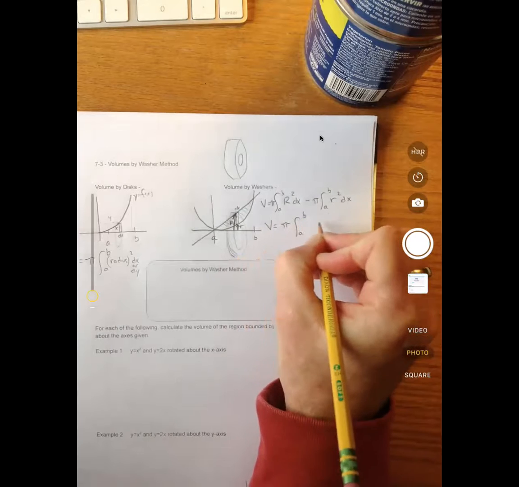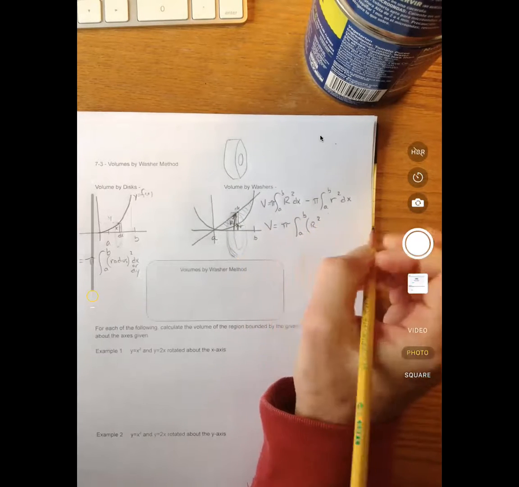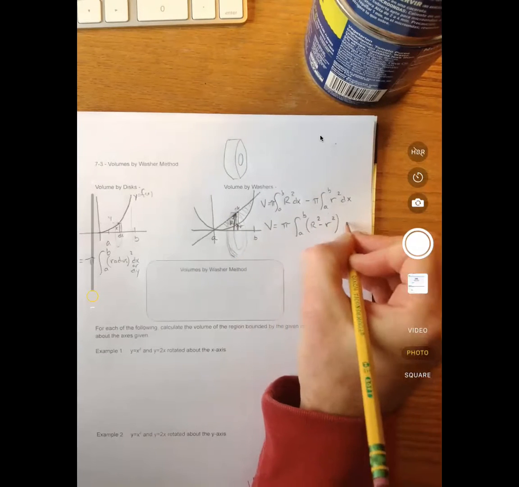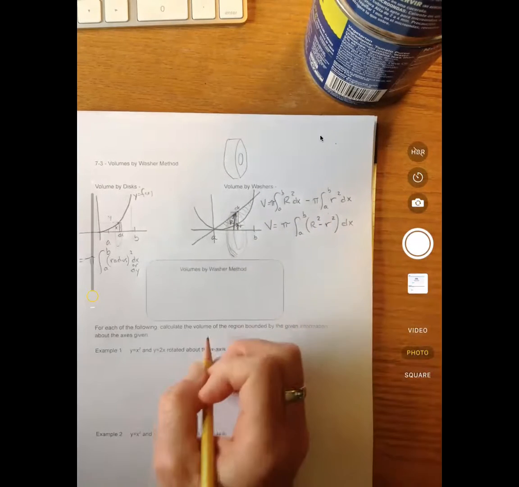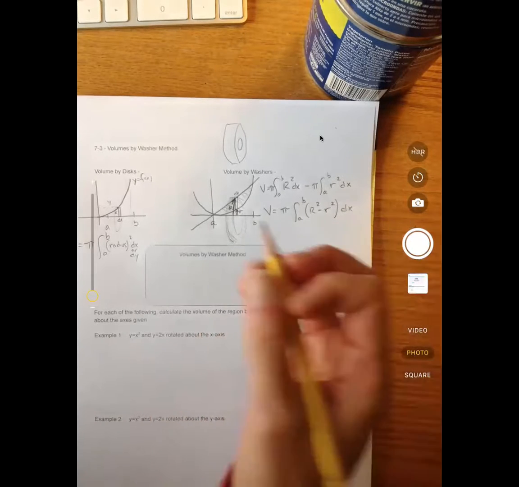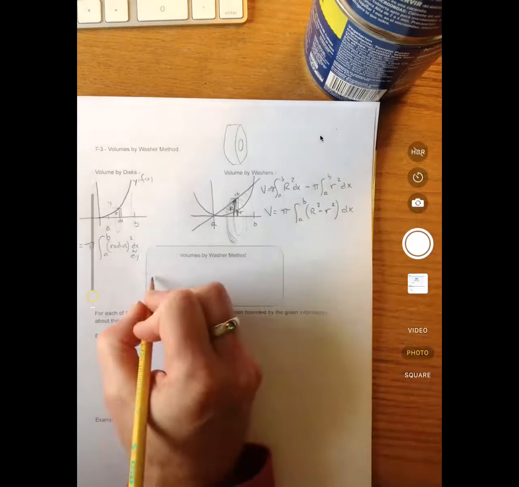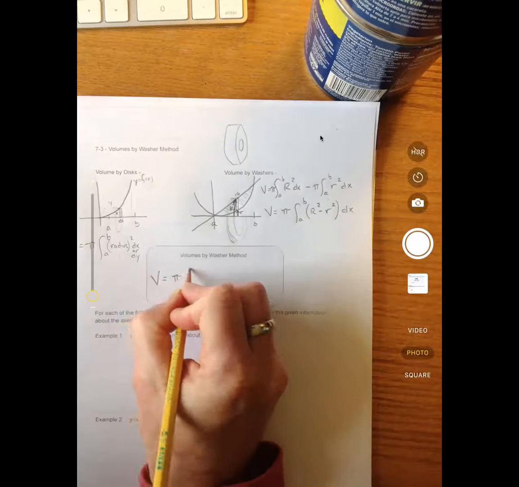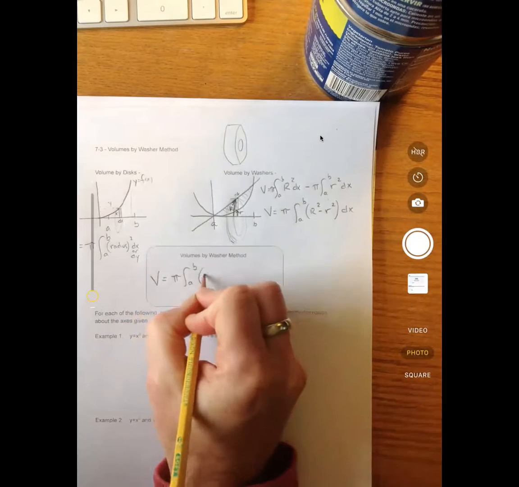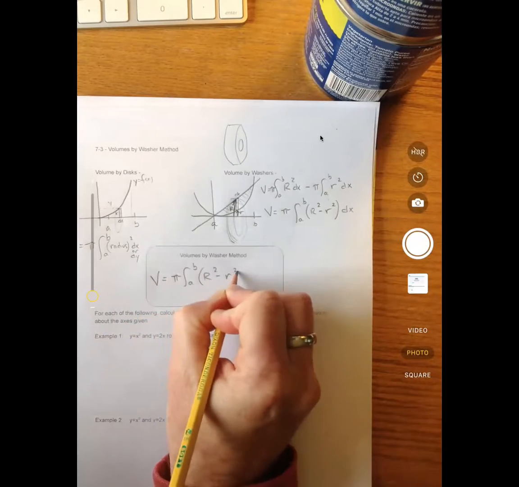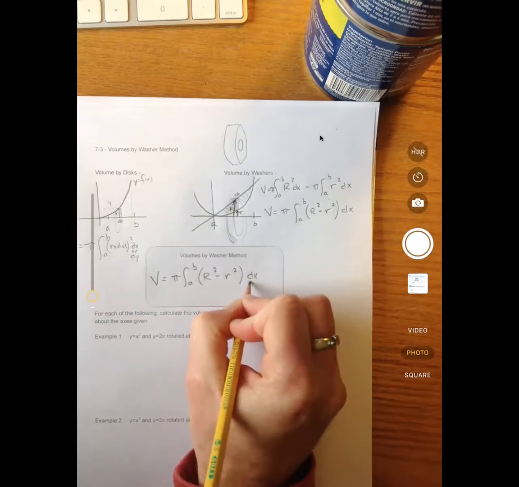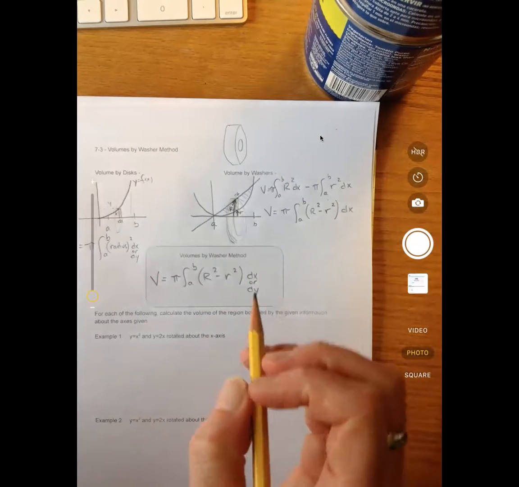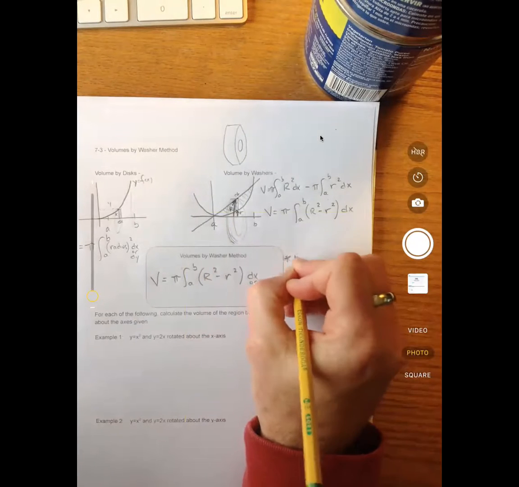So pi integral a to b of big R squared, big radius squared, outer cylinder, minus little r squared, inner cylinder, dx, or dy. In this case, it was dx. So the general formula for volume is pi integral a to b of big R squared minus little r squared, dx or dy.